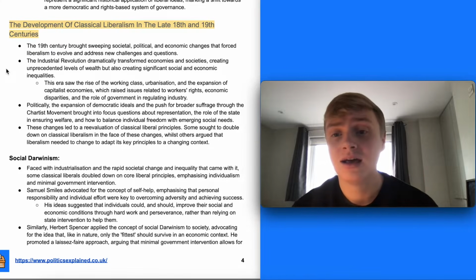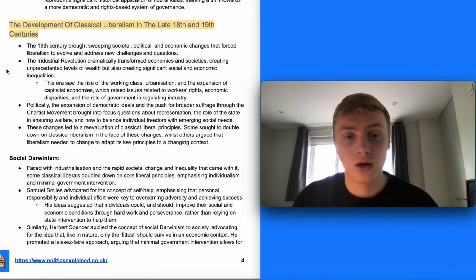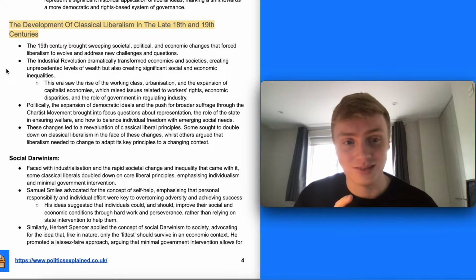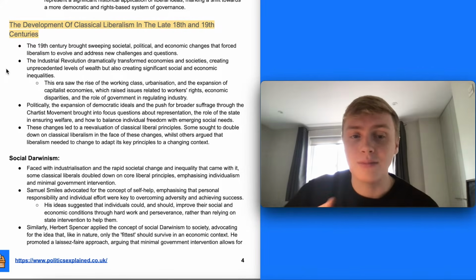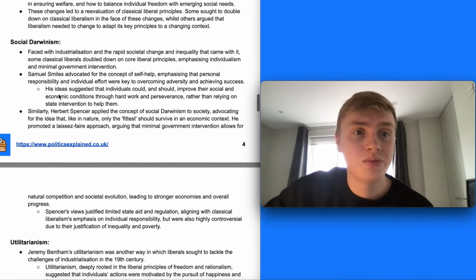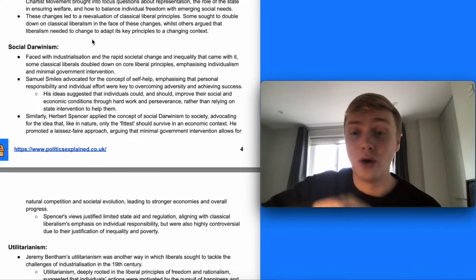And what we're going to have a quick look at now is how this led to a re-evaluation of classical liberal principles, looking at them again. Some really doubled down on them, as we'll see, in the face of these changes, whilst others argued that liberalism needs to adapt its principles to a changing context. So first we're going to look at those who doubled down.